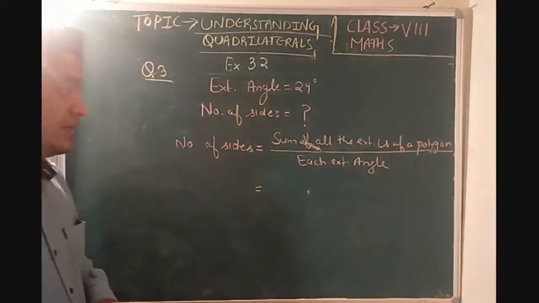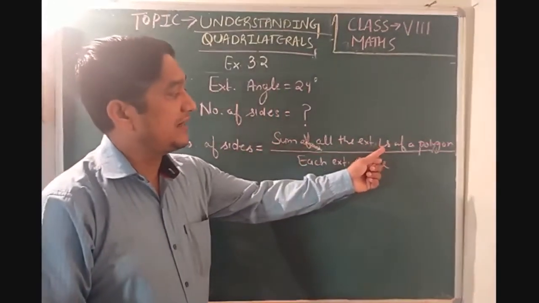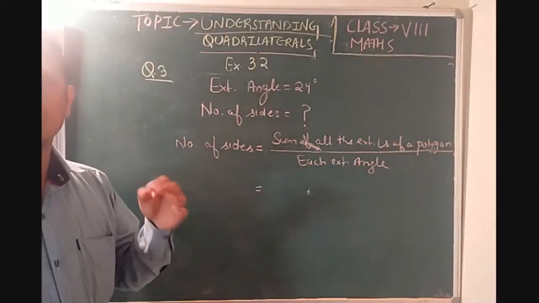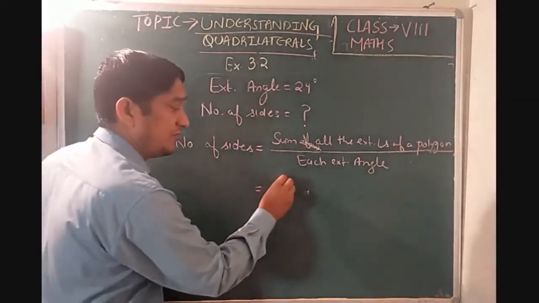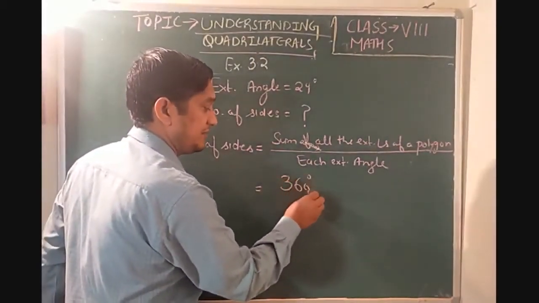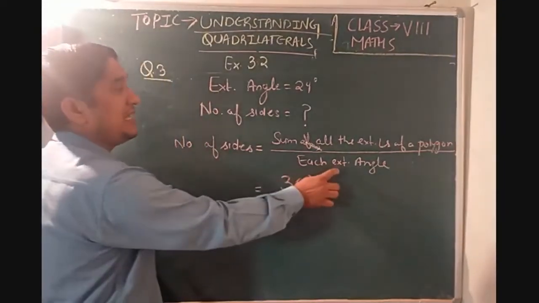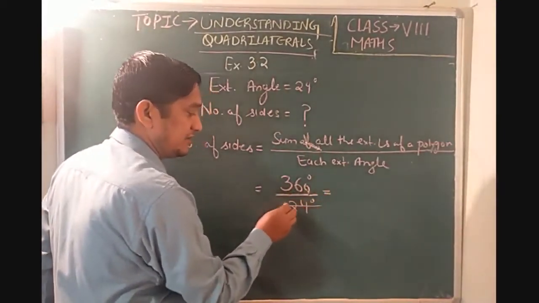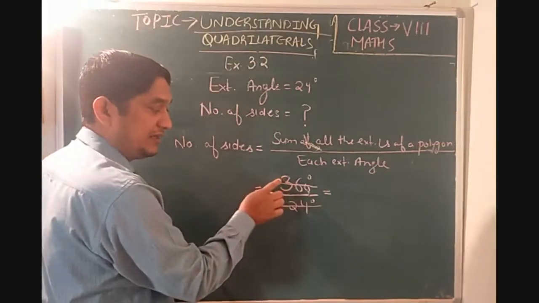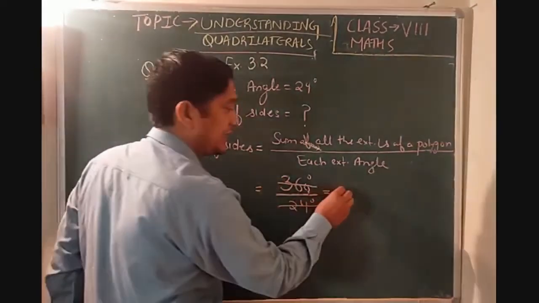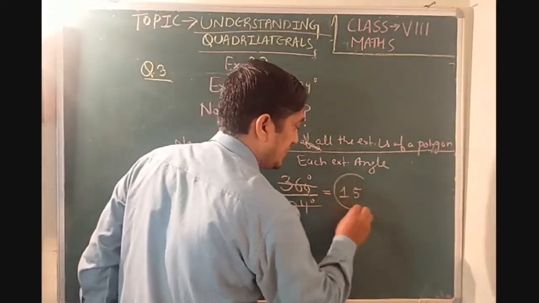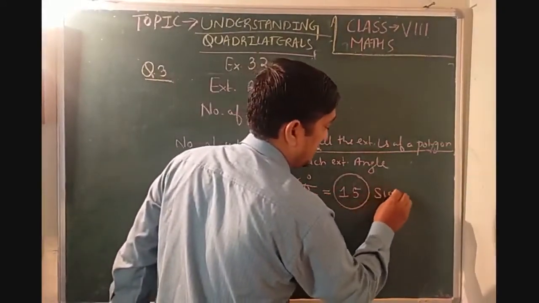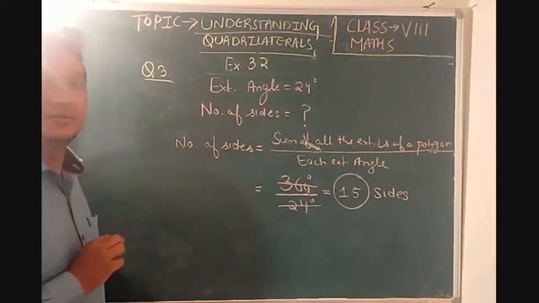We know that the sum of all the exterior angles of any polygon, whether it is a triangle, quadrilateral, pentagon, hexagon, octagon, is always 360 degree. And the exterior angle is given here, 24 degree. If we divide 360 degree by 24, we will get 15. So here in this question, the number of sides is 15.